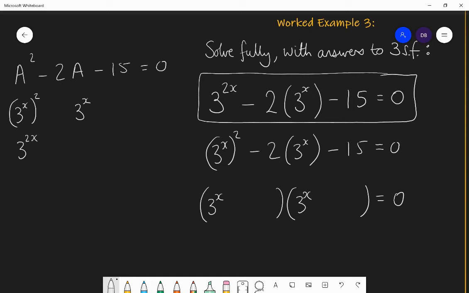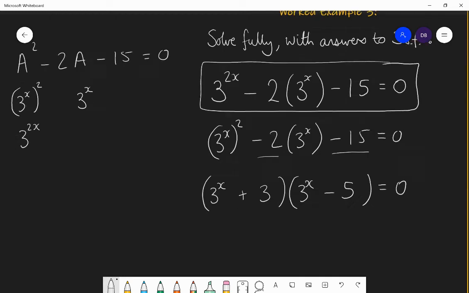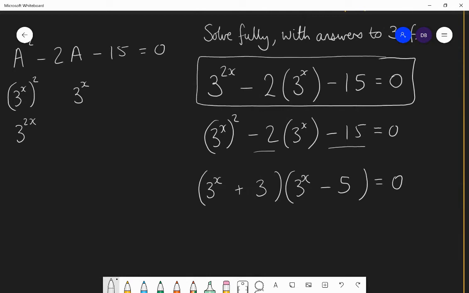And then you're looking for two numbers which multiply to make minus 15 and add to make negative 2. So that would be positive 3 and negative 5. So that is the factorized form of my hidden quadratic equation.